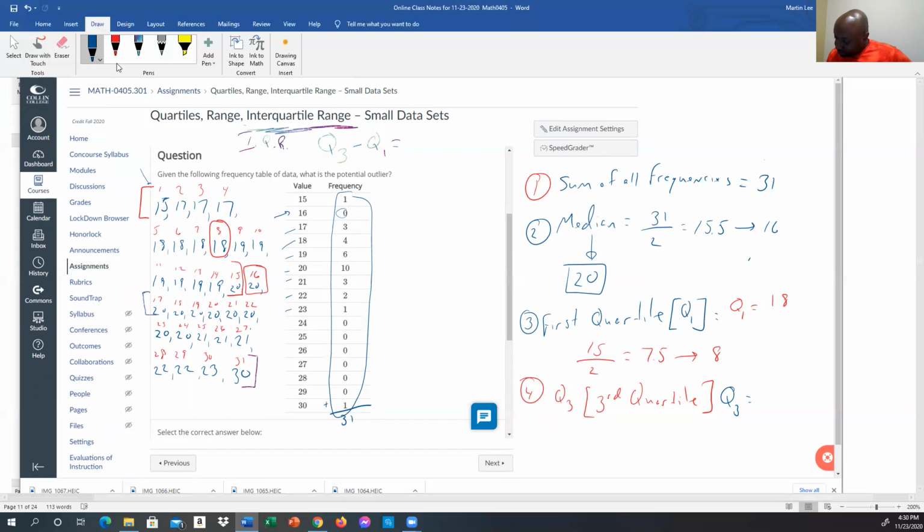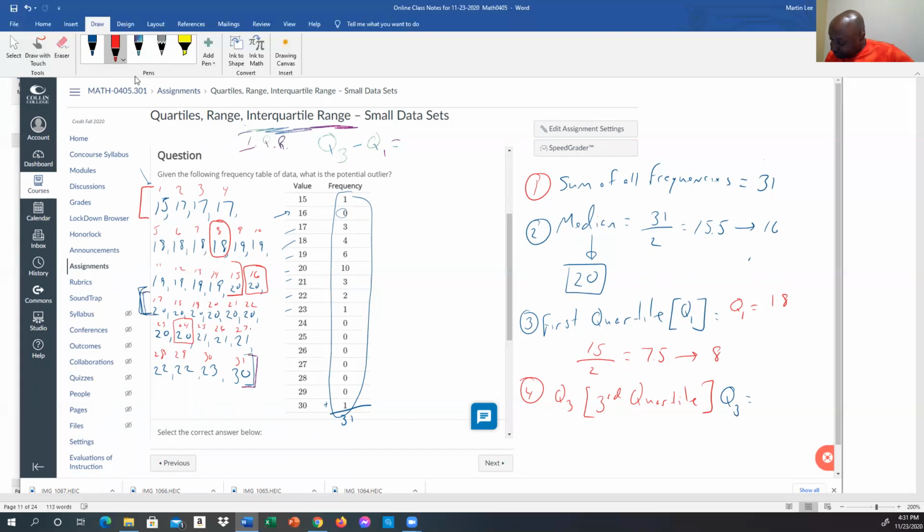Going back to the numbers we put in brackets, I need the middle value for this set of numbers. Looking at my notes, my middle value is going to be the 24th value. Let me put a box around that.